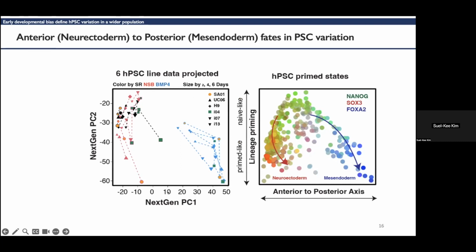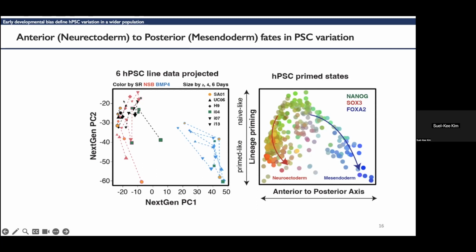Therefore, through this projection, we can test how the variation in undifferentiated cells in next-gen data is correlated with early specification. And this projection clearly separated self-renewal and neuroectoderm from mesendoderm differentiation along the next-gen PC1.